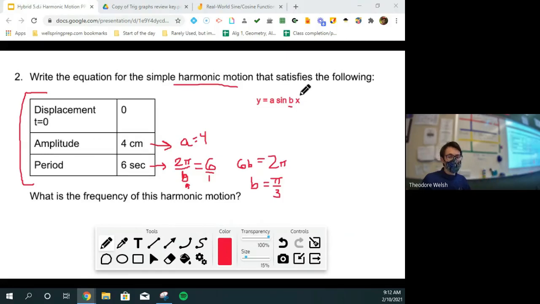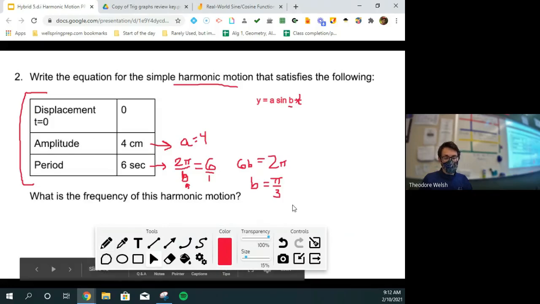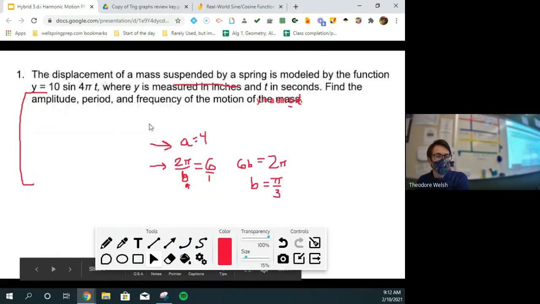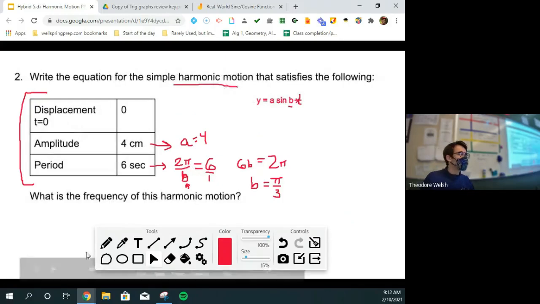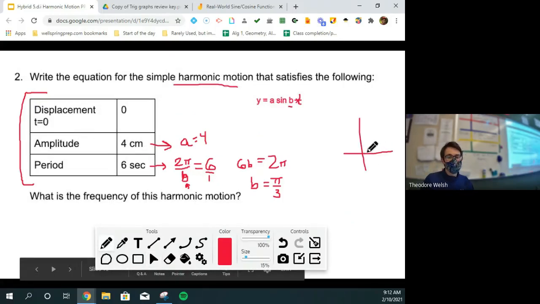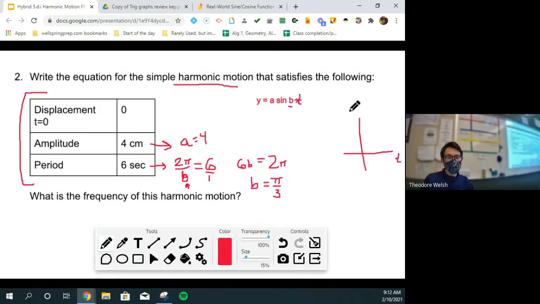So instead of working with x, we'll be thinking of it in terms of t, like we did on this previous problem. So a t value of 0, if we think about this visually, so we have our t or our x-axis and our y-axis. A t value of 0 with a displacement of 0 means our mass has not shifted from the center. It's not above the x-axis, it's not below the x-axis, it's at its center position. So displacement of 0 at t equals 0, that means we are starting at the origin.